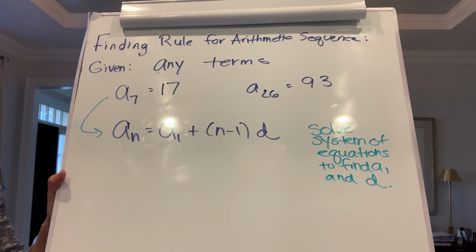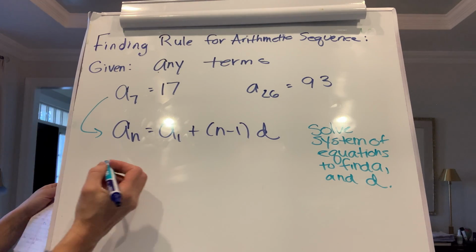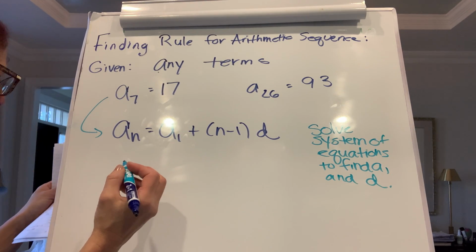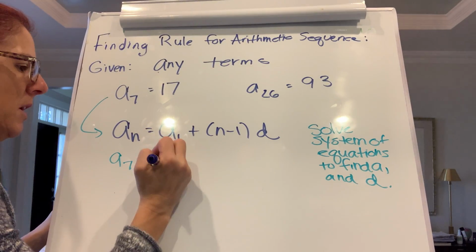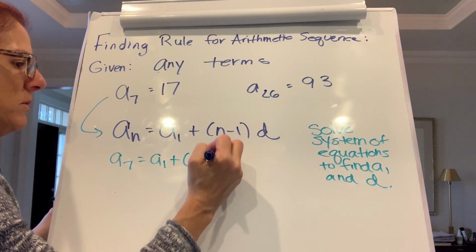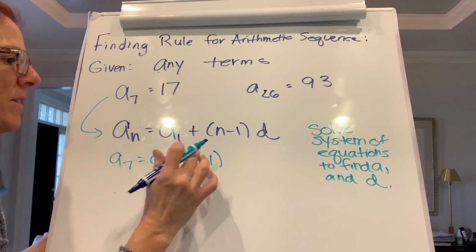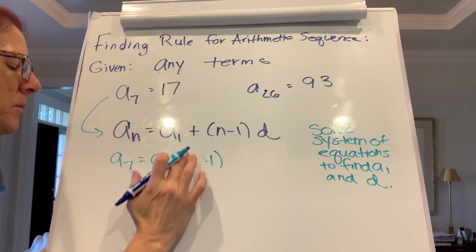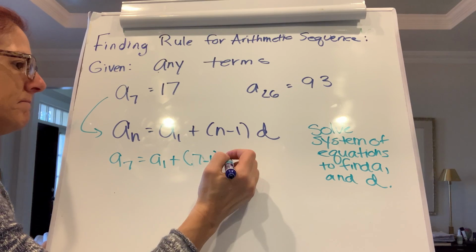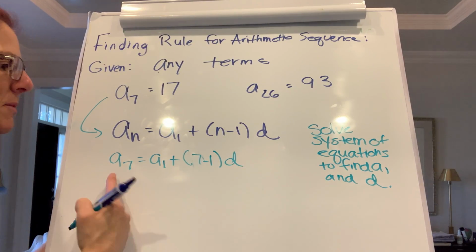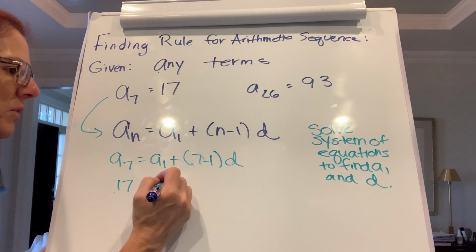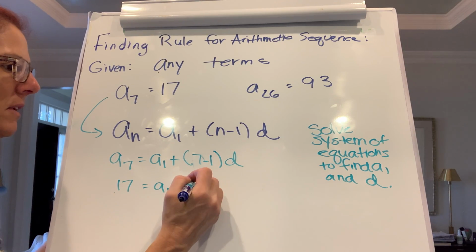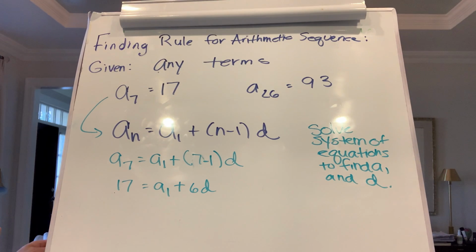If I go ahead and plug in A7, I get A7 equals A1 plus n minus 1, 7 minus 1 here, I'm sorry. We don't know A1 or D, but we know A7 is 17. So I get 17 equals A1 plus 6D.